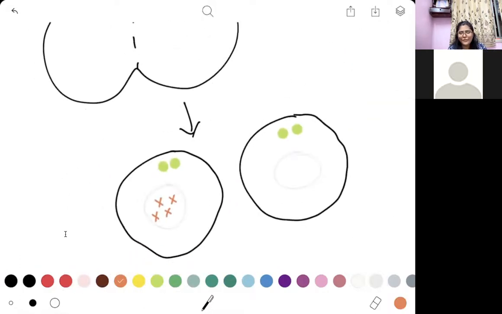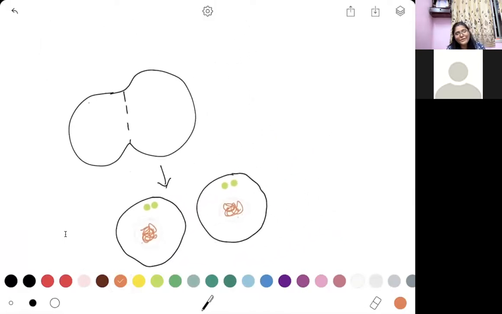You're going to have your chromosomes present for some time, which are then later going to be decondensed completely, and you are going to have your genetic material present like this. And there you go. You have undertaken the process of cytokinesis completely. Okay, this process has completed.